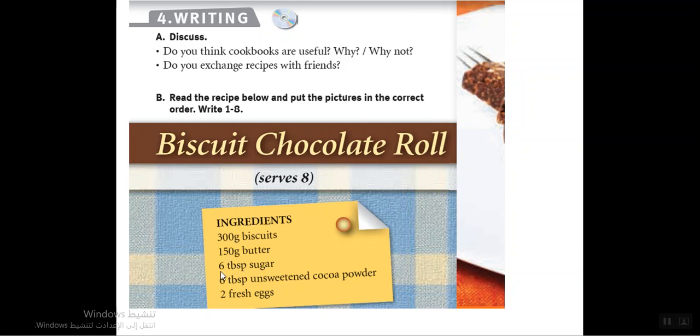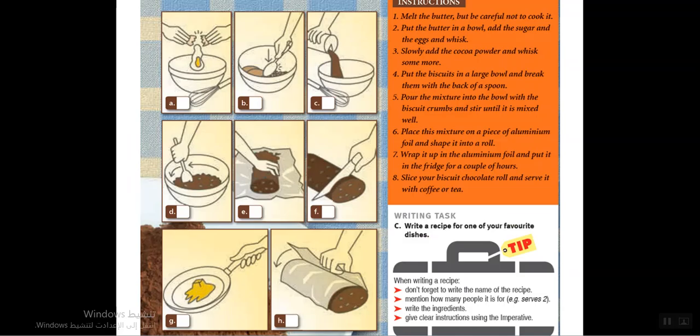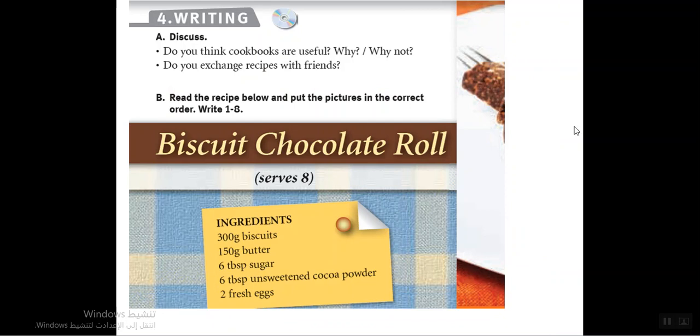So I'm going to need 6 tablespoons sugar, 6 tablespoons unsweetened cocoa powder, and 2 fresh eggs. You need to know those things in order to understand what you need for a recipe. And by the way, here it means serves 8. It means that it serves 8 people.